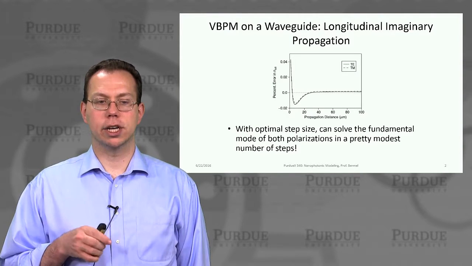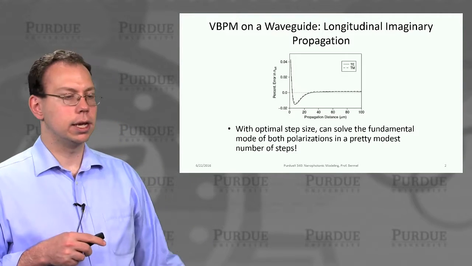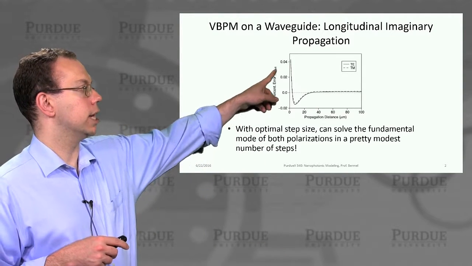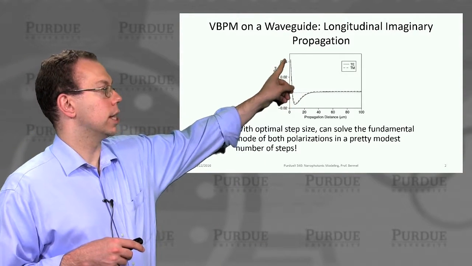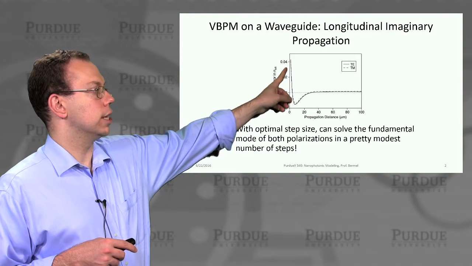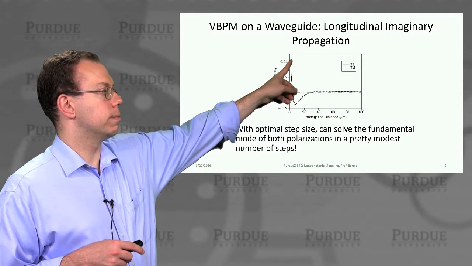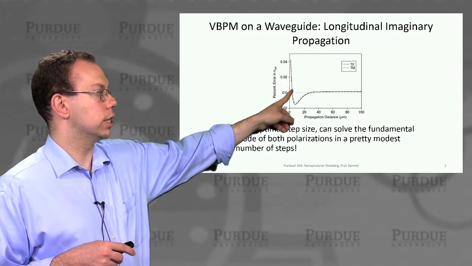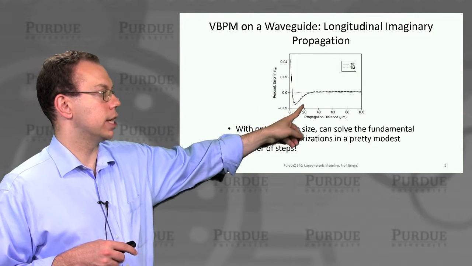And so this is actually kind of showing what happens in this kind of system when you propagate in this way. So you can actually see we already know the answer in advance, but then we're measuring the error of our solution as a function of the propagation distance.